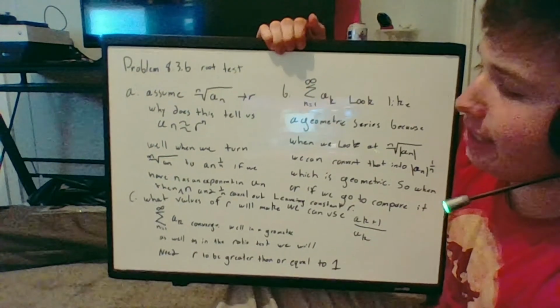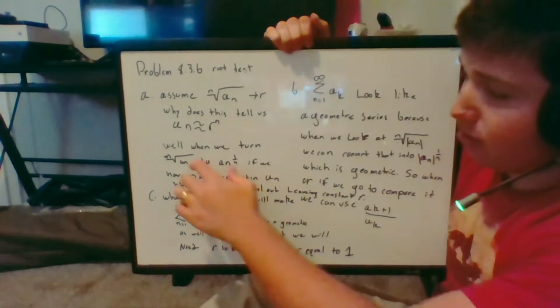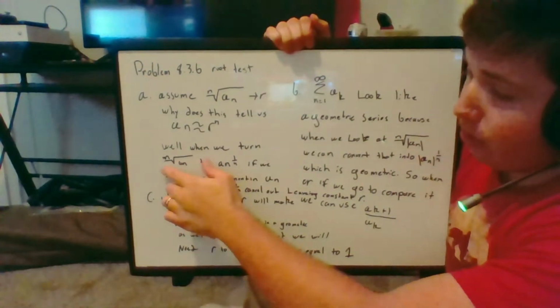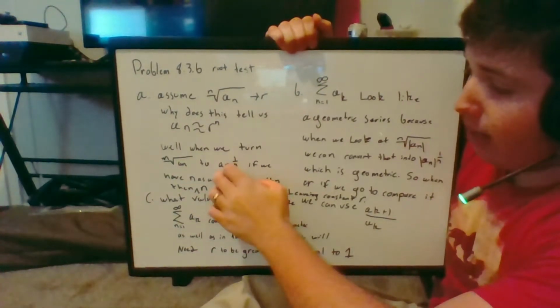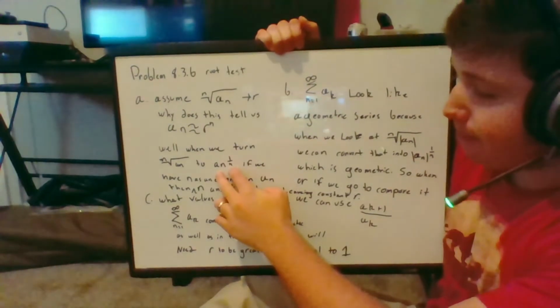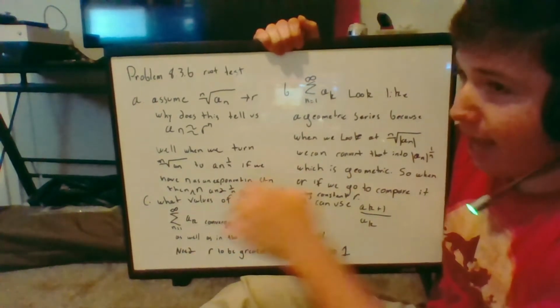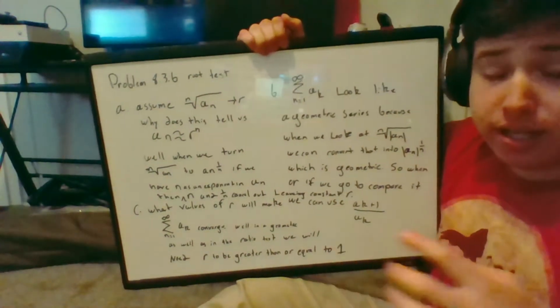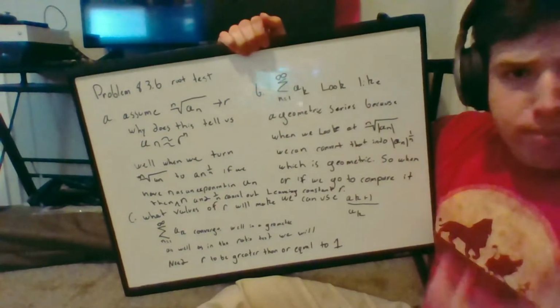Well, the reason that it tells us this is, when we turn the nth root of a sub n into a sub n to the 1 over nth power, if we have any exponents used in a sub n, that is n basically.